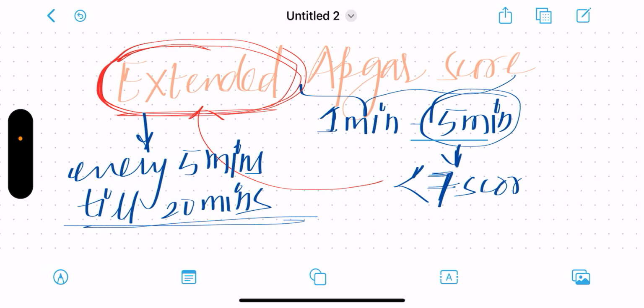And if the child is not responding, either the score will decrease or it will stay the same. That is how we come to know and evaluate the newborn's condition. So this is how we do the APGAR score, and this is how it is used to evaluate the newborn's condition.